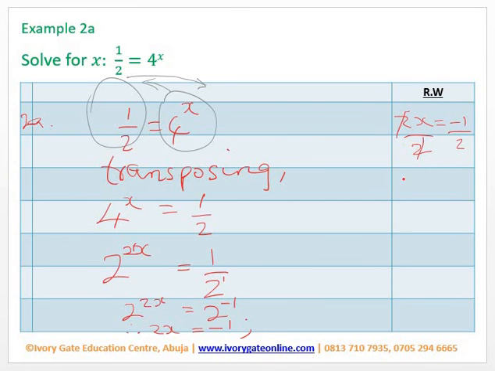This will cancel this. X is equal to minus 1 over 2. Therefore, x is equal to minus 1 over 2. And that's our answer.